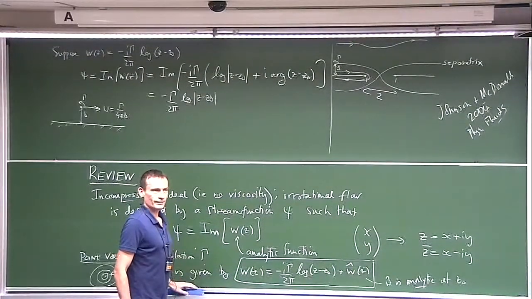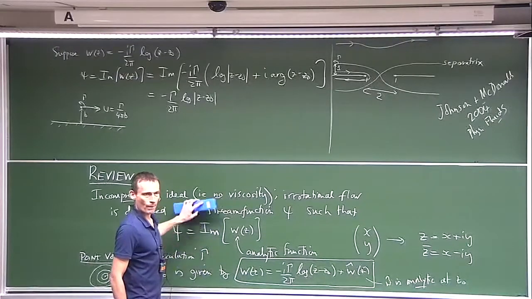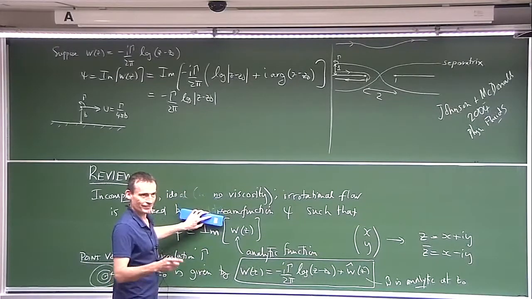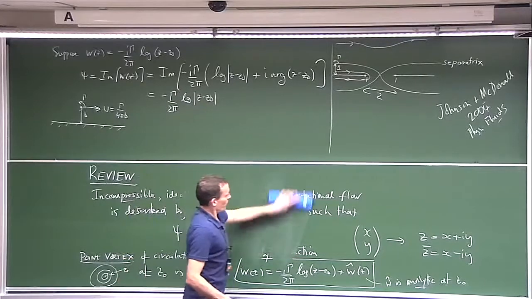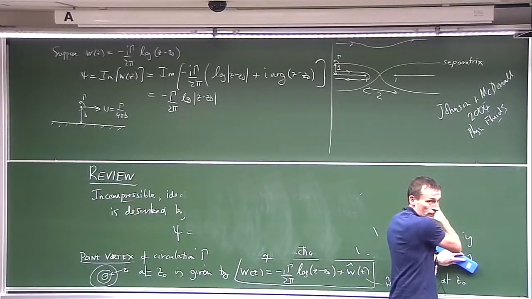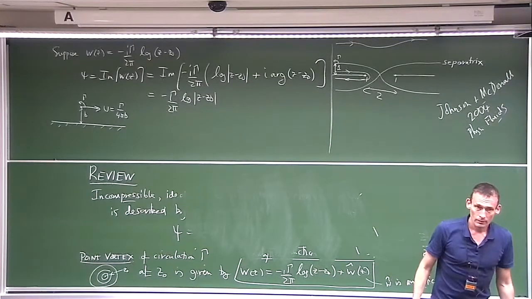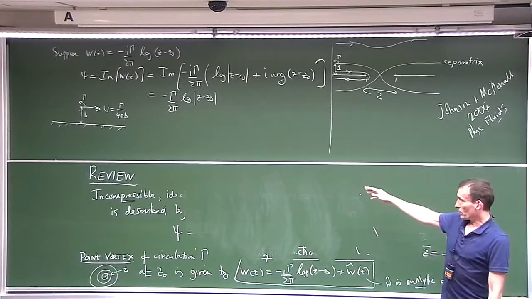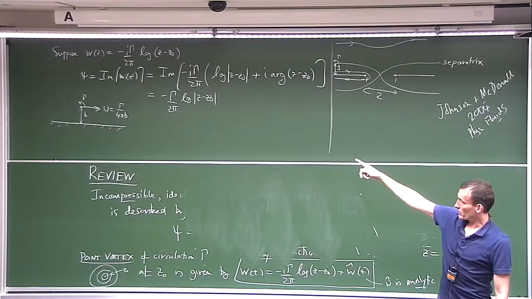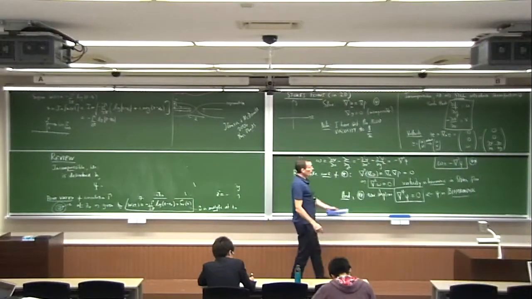Everybody see? Any questions? You okay? So, as with ideal flow with no viscosity, which by the way you can think of as infinite Reynolds number, we have a stream function and a complex potential of which its imaginary part is the stream function if it's irrotational. And then here we have a biharmonic stream function.